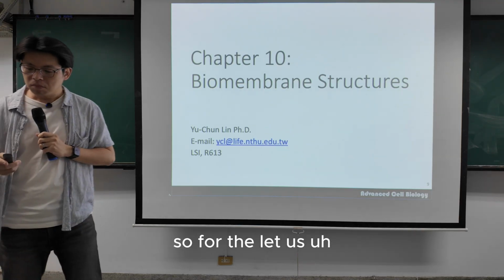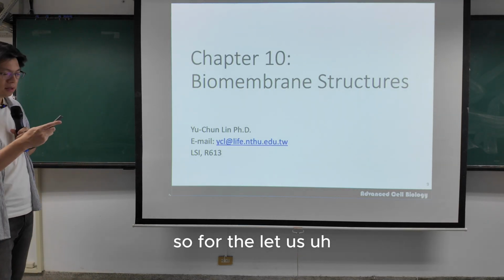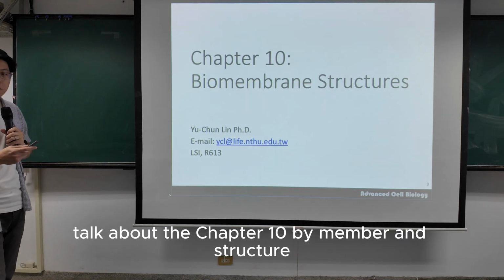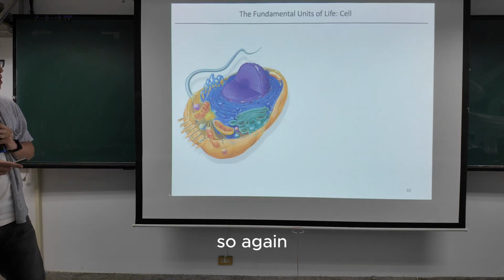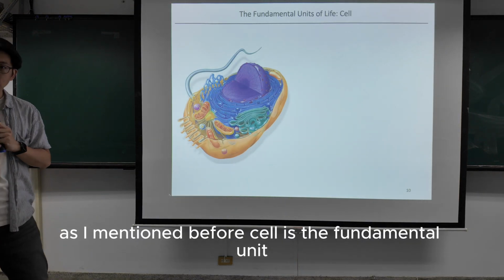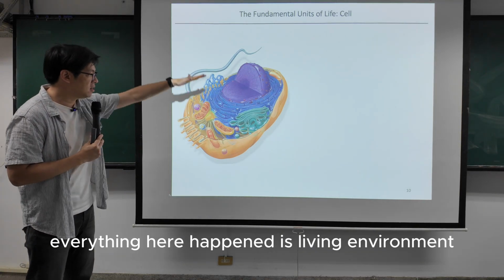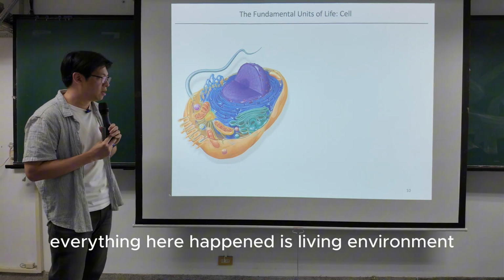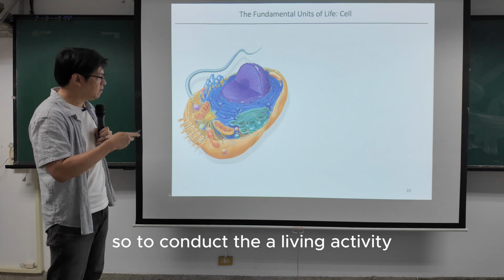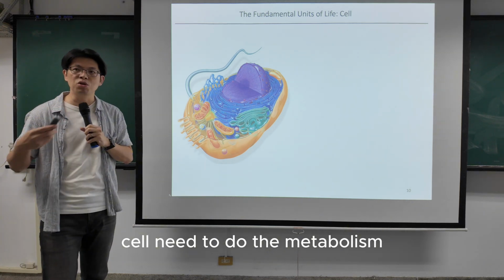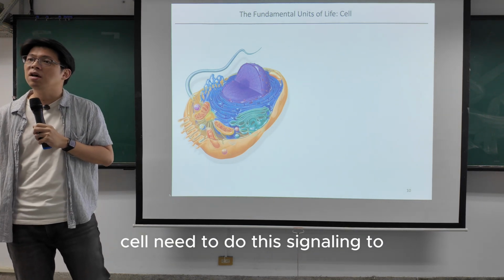Okay, so let us talk about chapter 10, biomembrane structure. So again, as I mentioned before, the cell is the fundamental unit, the basic unit of life. Everything that happens here happens in a living environment. So to conduct the living activity, the cell needs to do metabolism and signaling.